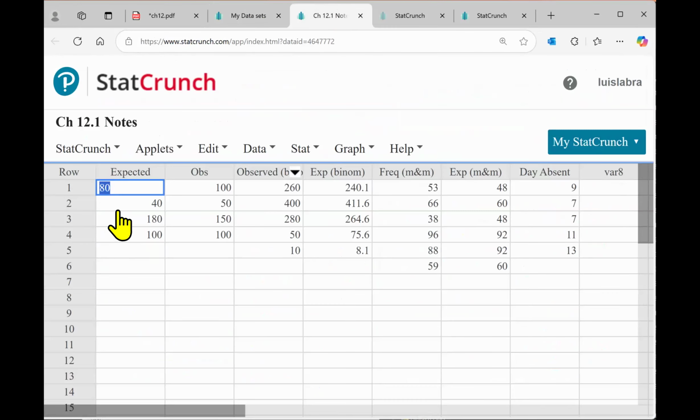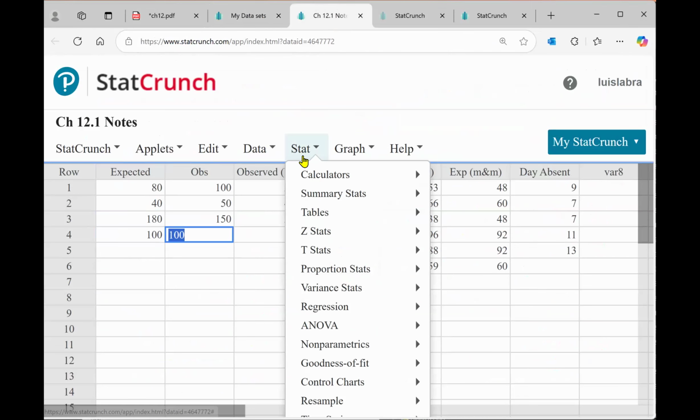I already have my data in there. Notice that in StatCrunch, you have to essentially give it the data. Here's the expected, which I computed myself. Here's the observed. Then we go to stats, goodness of fit, and select chi-squared test.